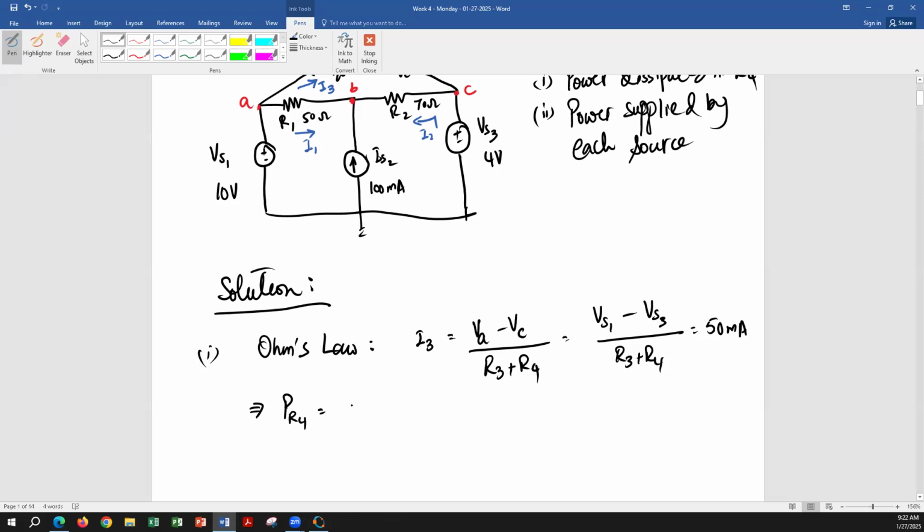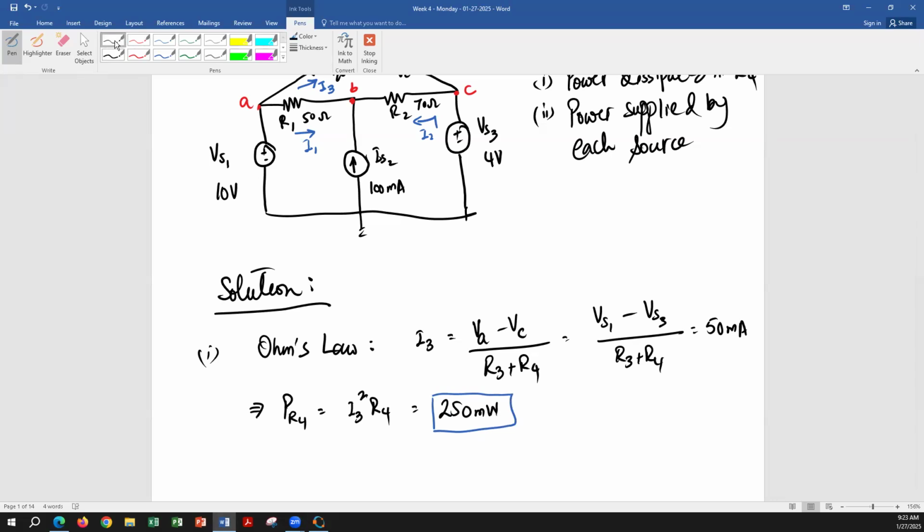I3 is passing through R4, so it is I3 squared times R4. That gives 250 milliwatt. That's my problem number one.